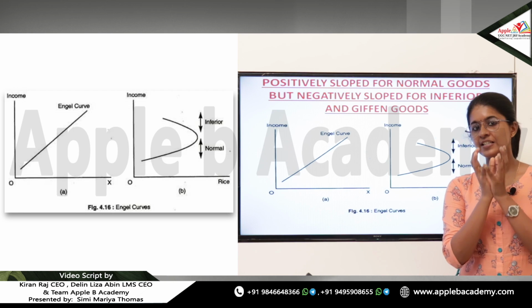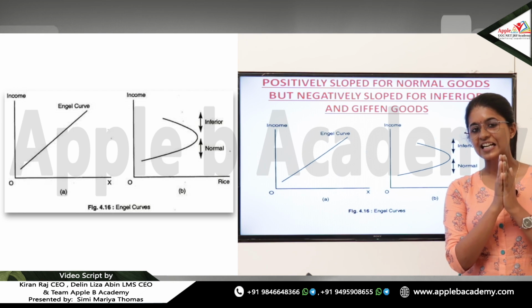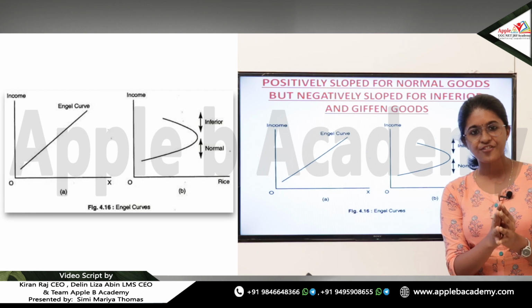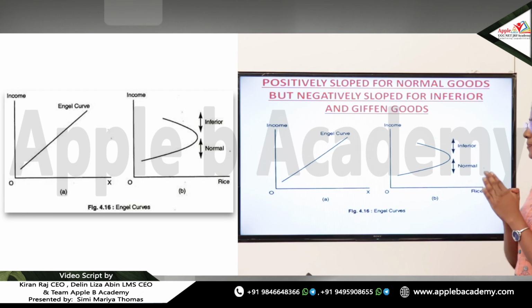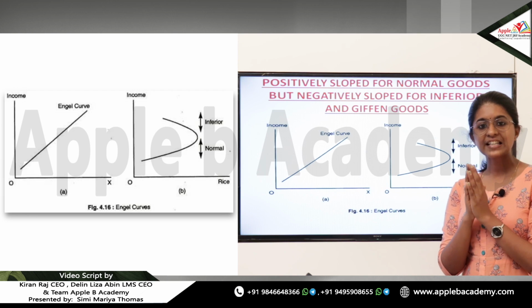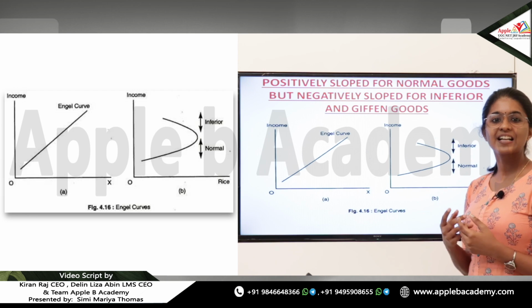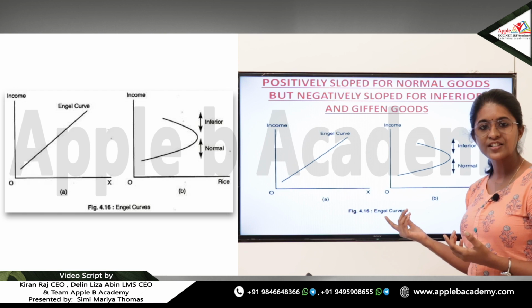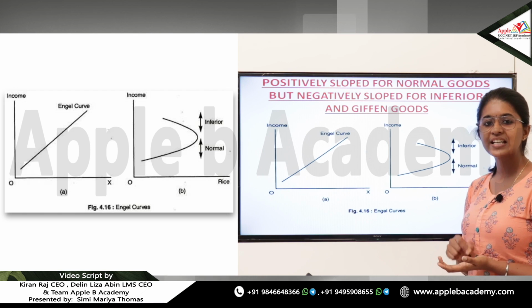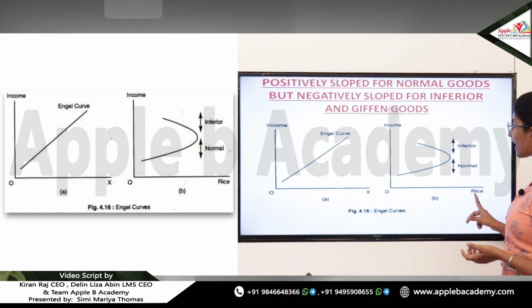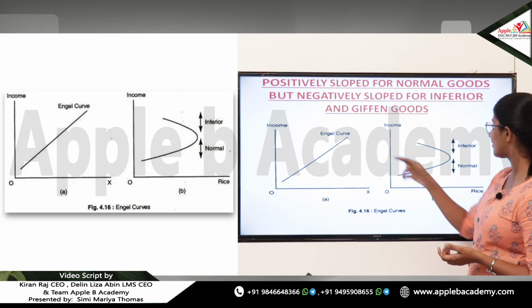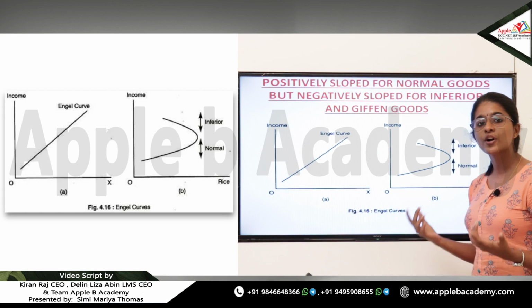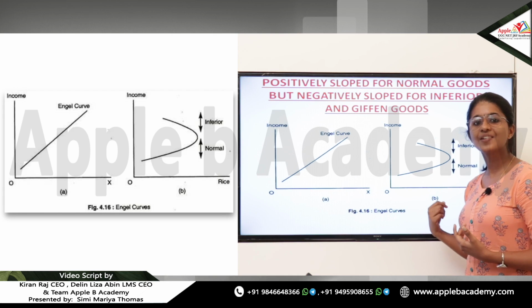Always we know that inferior goods are narrowly defined goods and they have a large number of substitutes available. When a large number of substitutes are available, and the income is increasing, the consumer has an option to find a better quality good and reduce the consumption of the initial good. Suppose we take rice into consideration. When the income increases beyond a particular level, the consumer is able to afford another good other than rice.